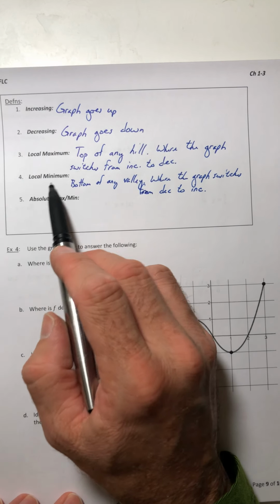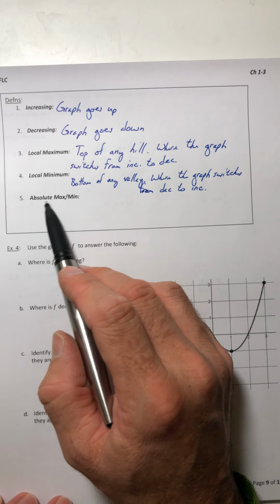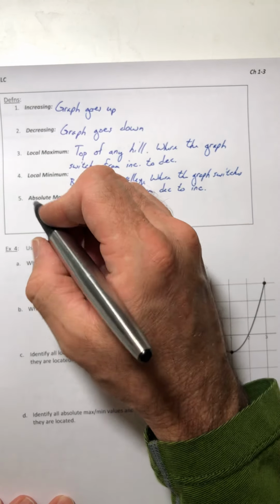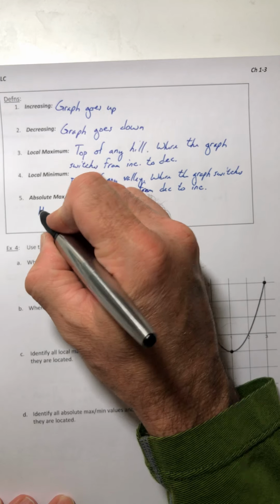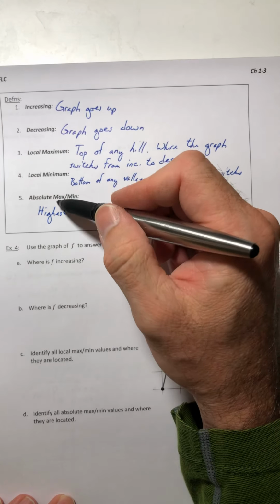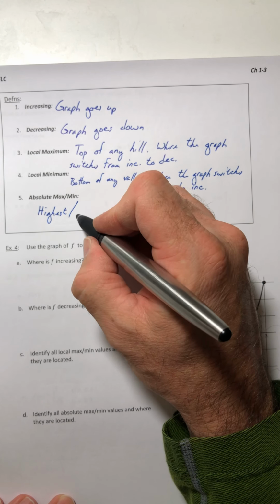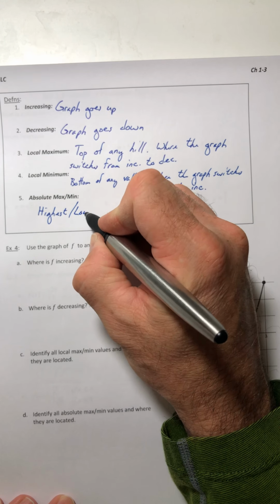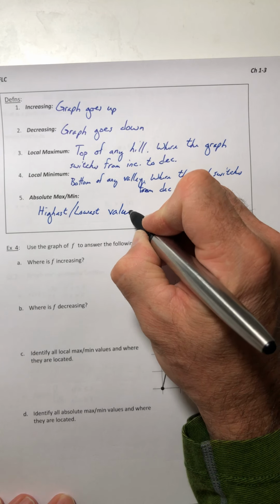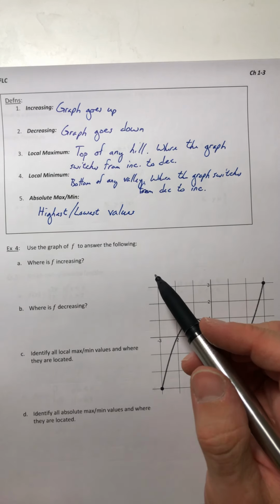So we have a local maximum and a local minimum, but we also have a category called absolute max and absolute min. So these are the absolute highest for the max and the absolute lowest values on the entire graph.